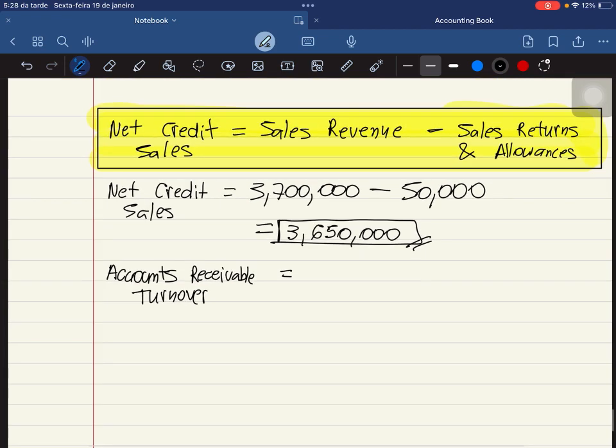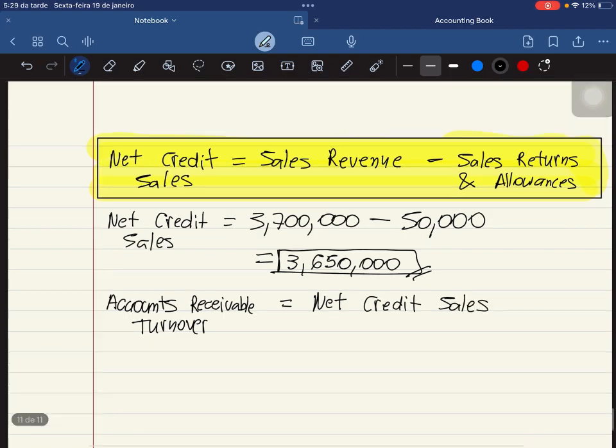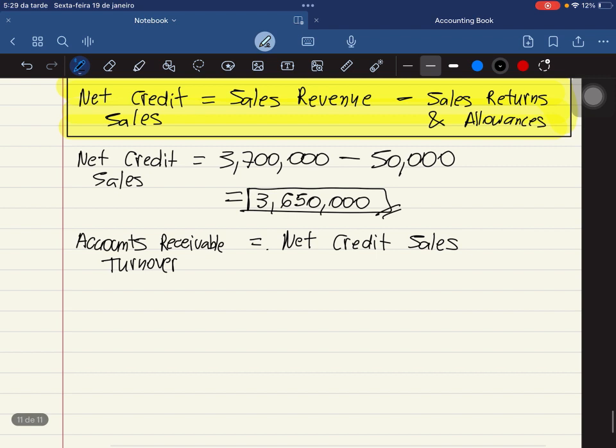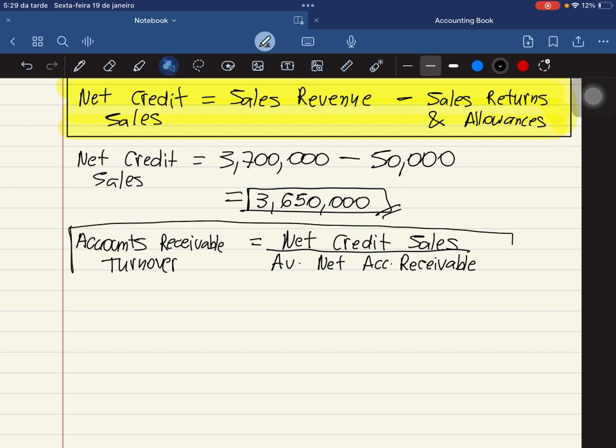So that is going to be the net credit sales divided by the average net accounts receivable. Okay, this is the formula.